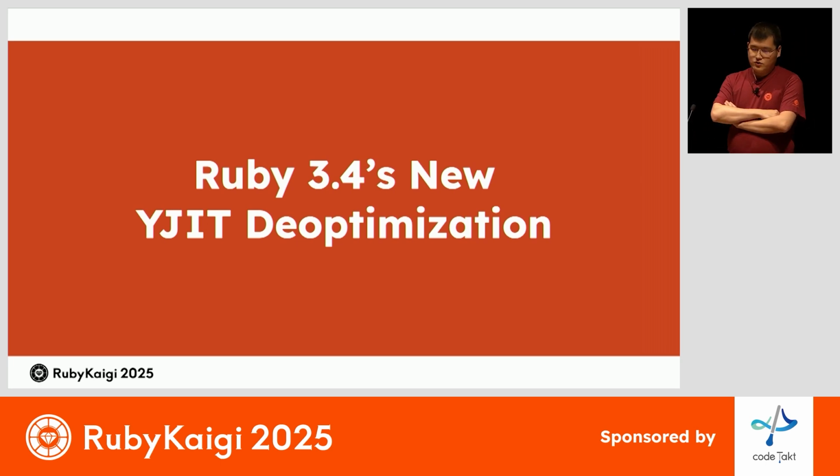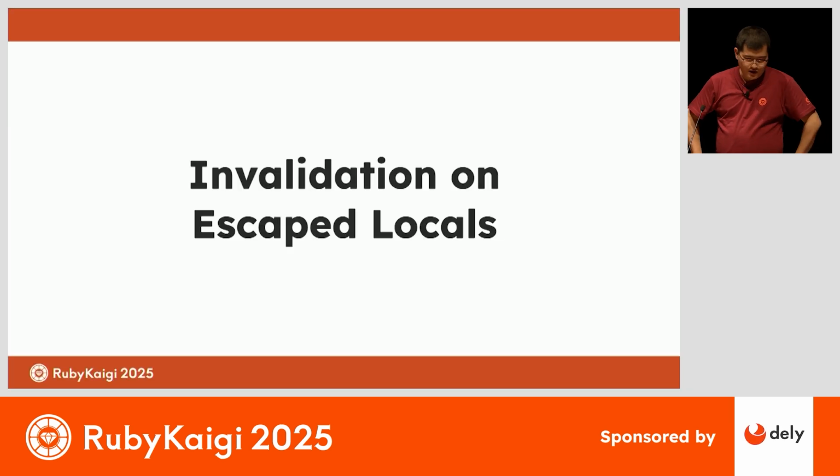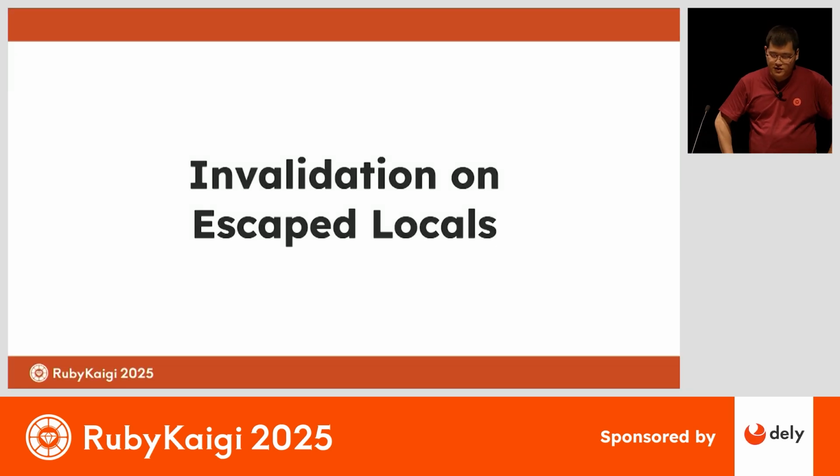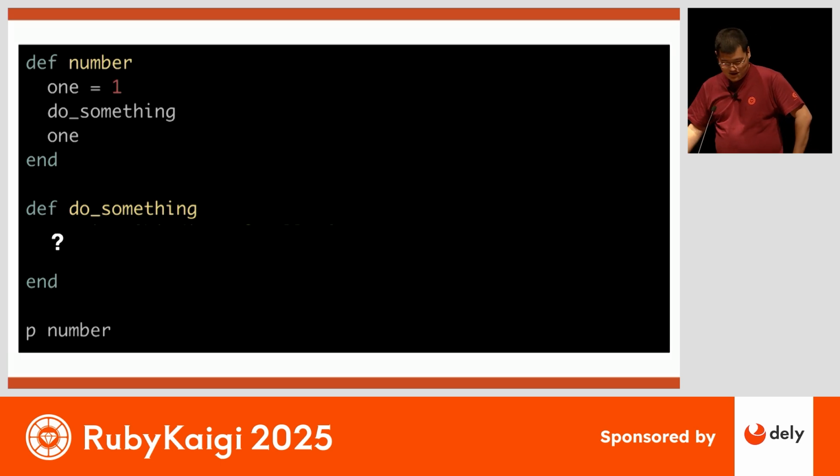But I'm also going to talk about new deoptimizations that we added to Ruby 3.4. The first thing I want to talk about is the invalidation of escaped locals. This is another example. Obviously, it's going to return 5,000 trillion. I'm not going to use trace point, but can you guess what kind of Ruby features you could use in the do something?